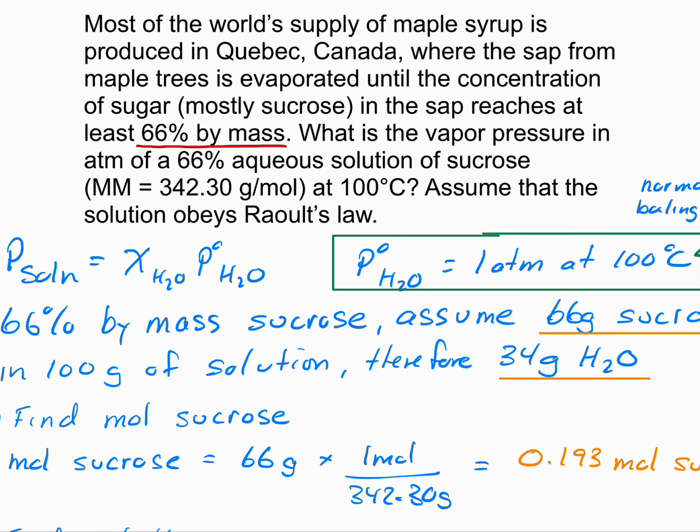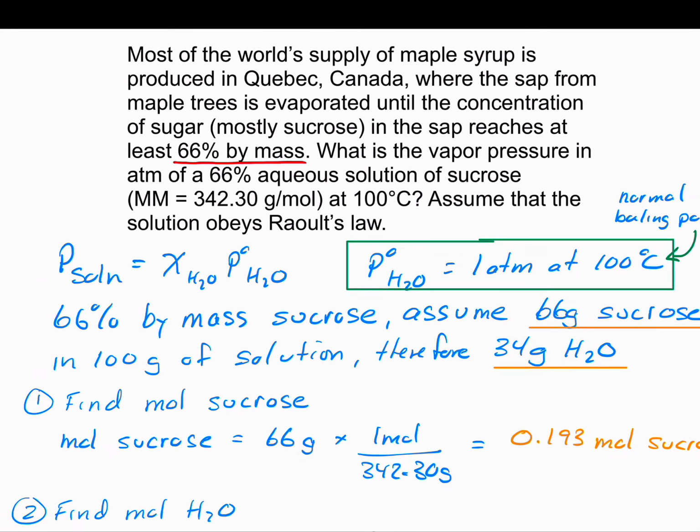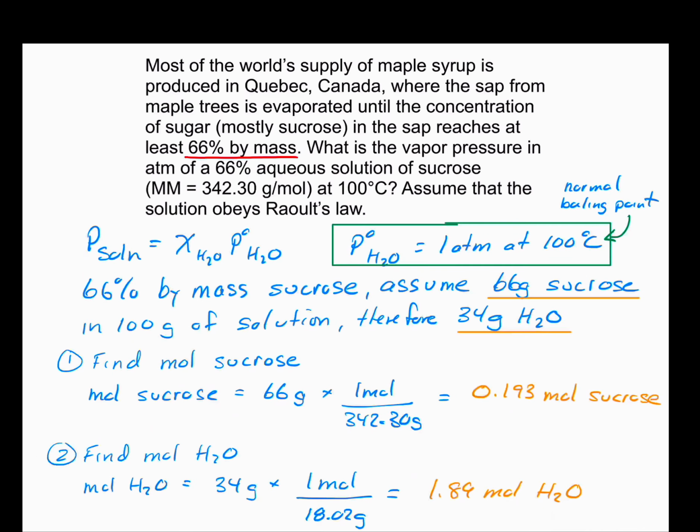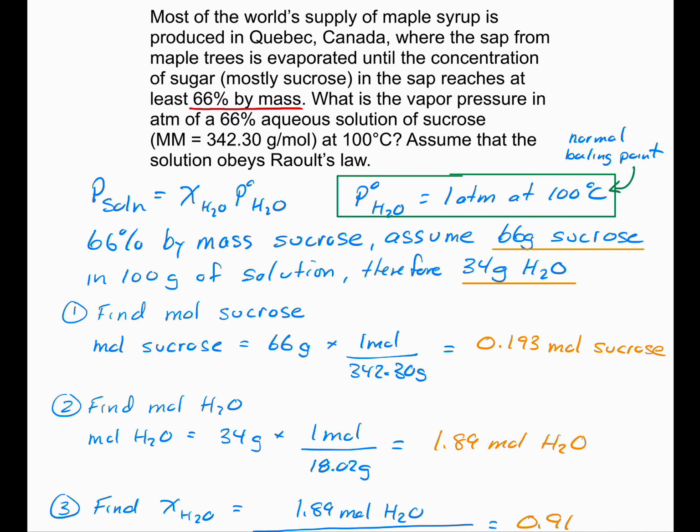So sucrose is going to be the thing that is not volatile, and water is going to be the thing that is. Okay, so a couple of things we have to note here is, since we're asked for vapor pressure, we're going to be using Raoult's law, right, which is right there. So the vapor pressure of the solution is going to be given by the mole fraction of water times the pure vapor pressure of water.